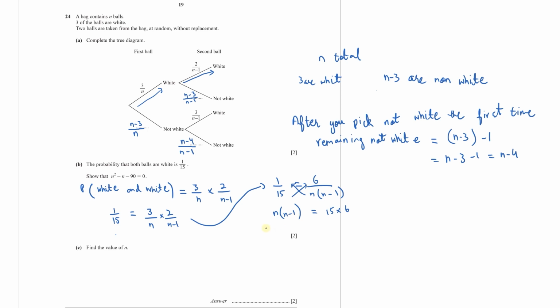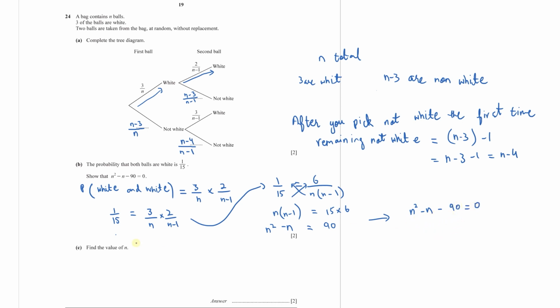So if I open the brackets, I get n squared minus n equals to 15 times 6 is 90. So to make it look like this, I will take this 90 to the other side. So this becomes n squared minus n minus 90 equals to 0.